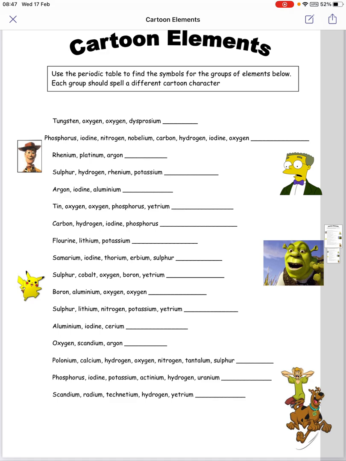So I'll do the first one just now. Tungsten has the symbol W, oxygen is O, oxygen is O, and dysprosium is DY. If you put those letters together, WOODY, you spell Woody from Toy Story.